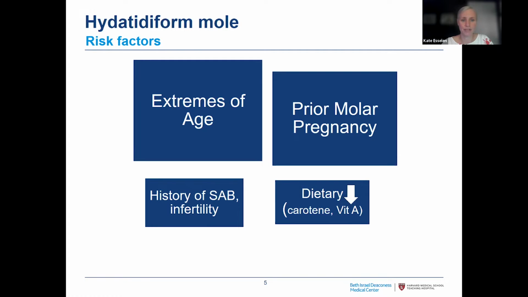But these are really the main, most commonly cited risk factors. Those patients who do end up with multiple prior molar pregnancies, we're learning there is sort of a familial syndrome, and we're actually even able to identify some of the genes that may be associated with this. So they are sort of a different population.